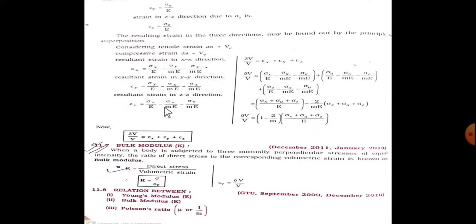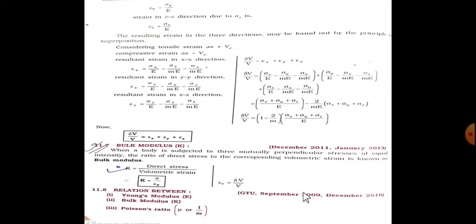The total change in volume is calculated from this equation. But this equation is used only when all forces are tensile. Whenever a force is compressive, the sign for that particular direction changes. Got it? Let's understand it in detail with an example.